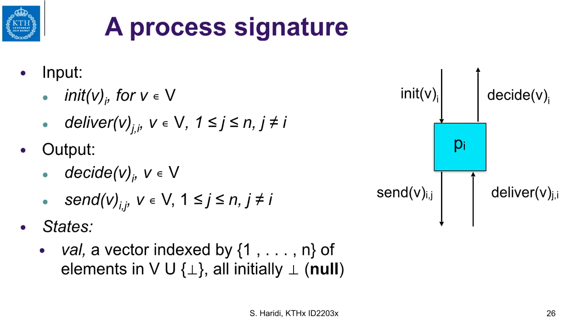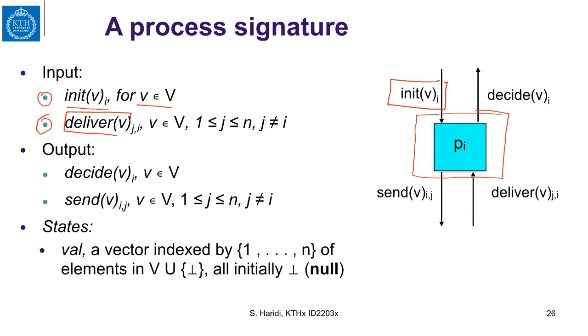So here is our process. We looked for the code for process Pi. This process will have inputs. And what are the inputs? The input is init(v)_i from a fixed set V. That's this one. For each process, we have a channel which is called deliver(j,i).